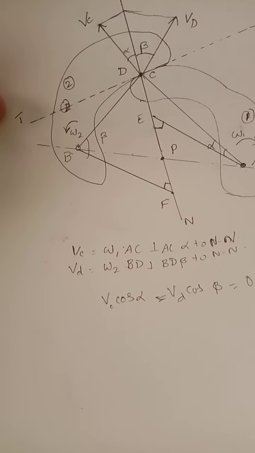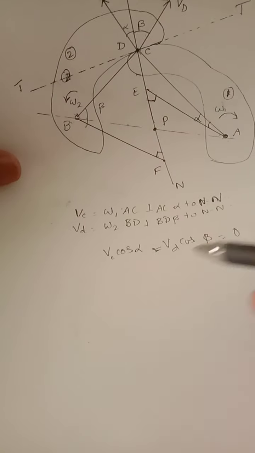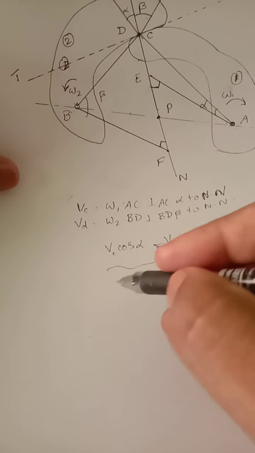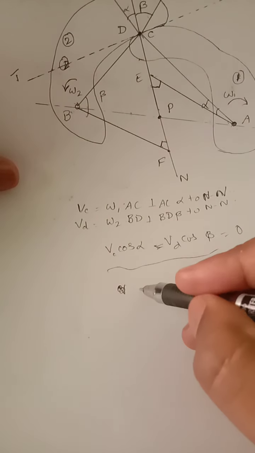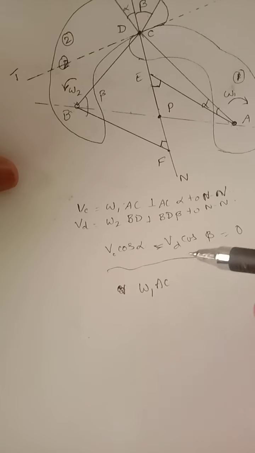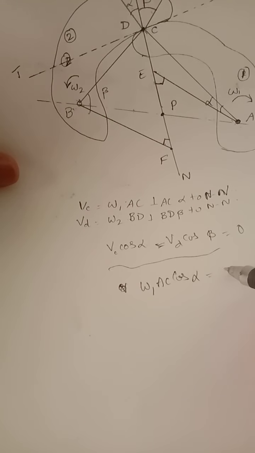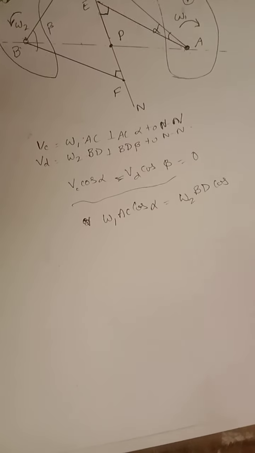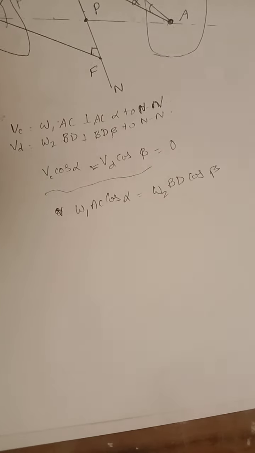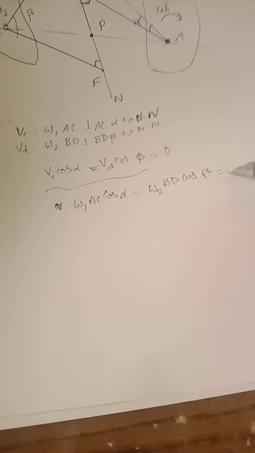We know VC is omega 1 into AC, cos alpha, which must be equal to omega 2 BD cos beta, and that must be equal to 0.